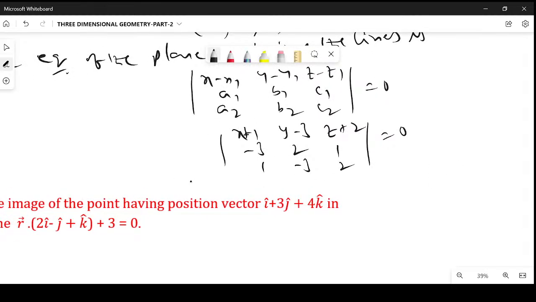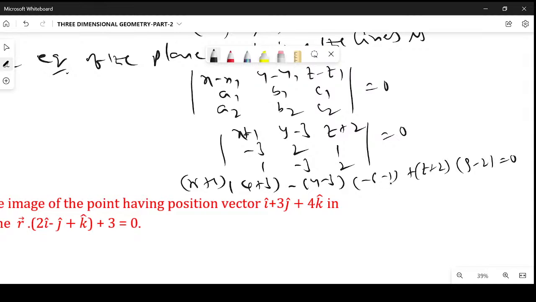Expanding, I can write (x plus 1) into (4 plus 3), minus (y minus 3) into (minus 6 minus 1), plus (z plus 2) into (9 minus 2).